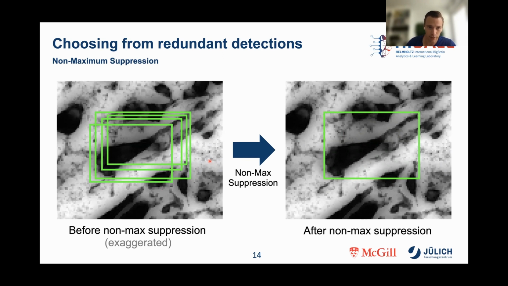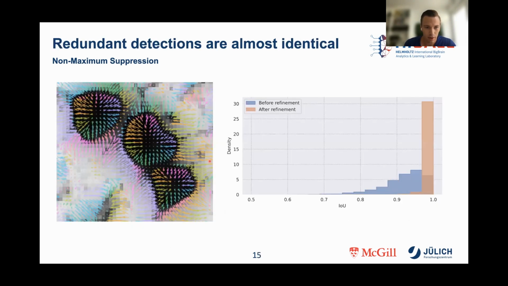In our case, with the contour proposal network, however, this is not as much of a problem, as you will see now. Because if you think about it, if a network proposes different contours that are somewhat similar, the local refinement will then shift all the coordinates towards the proper boundary. And this refinement is done to all proposals the same way.